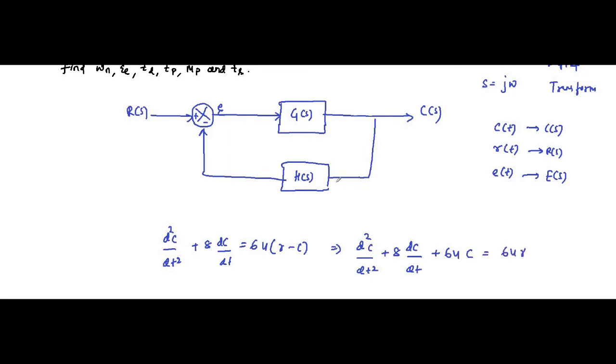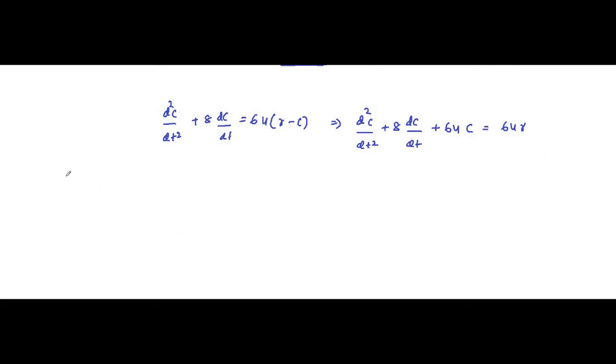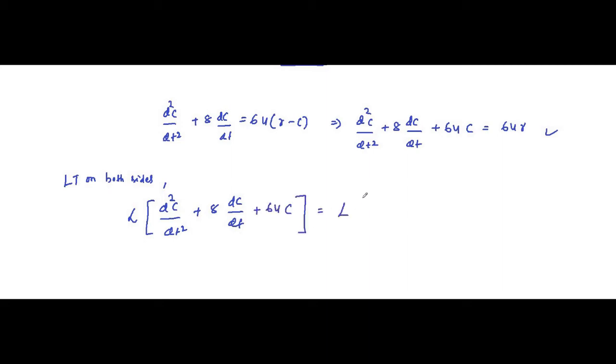Now when we take Laplace transform on both sides of the above equation, we get the Laplace transform of d square c by dt square plus 8 dc by dt plus 64c is equal to 64r.